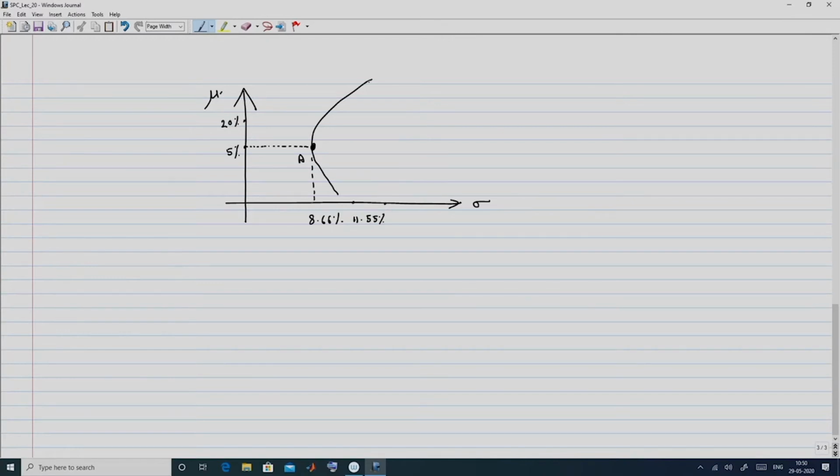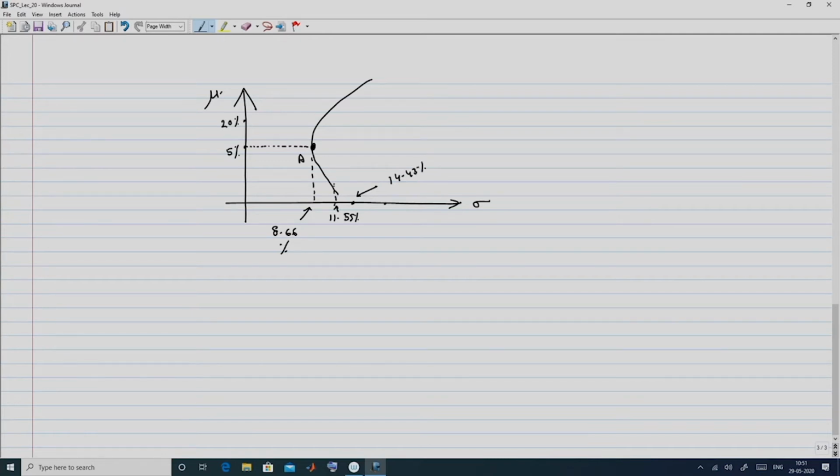and then for 11.55%, so let me put this here, this is 8.66%. Let this point here be 11.55%, and let this point here be 14.43%.